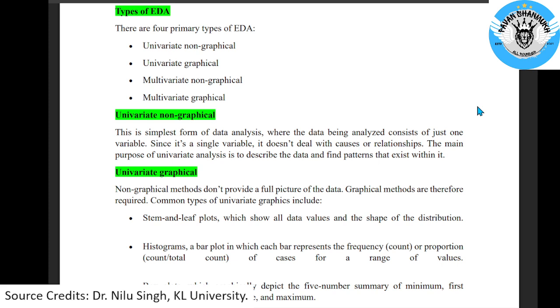The main purpose of univariate analysis is just to describe the data and find patterns that exist within it. So what are we using the univariate non-graphical method for? Just to find patterns and describe the data. That's it. Non-graphical means here we don't have visualization, we have only analysis of the data.